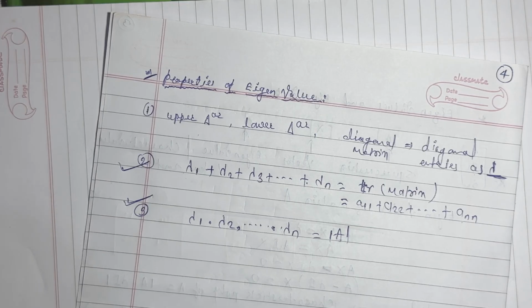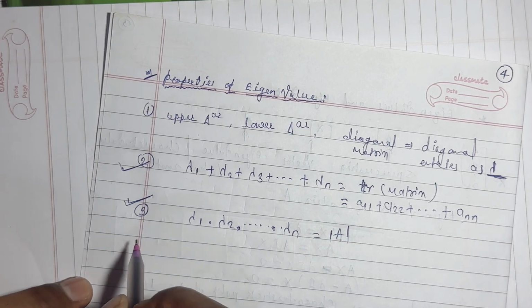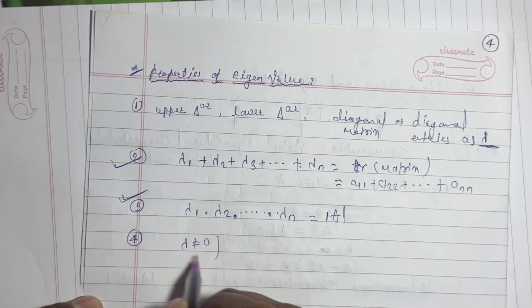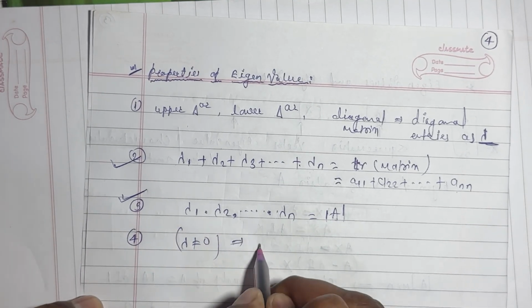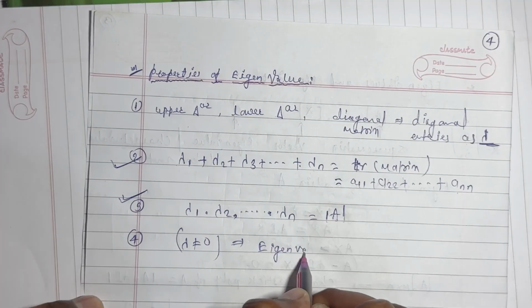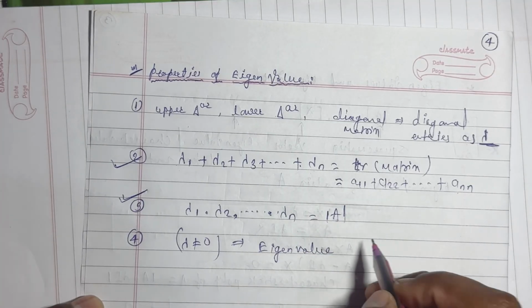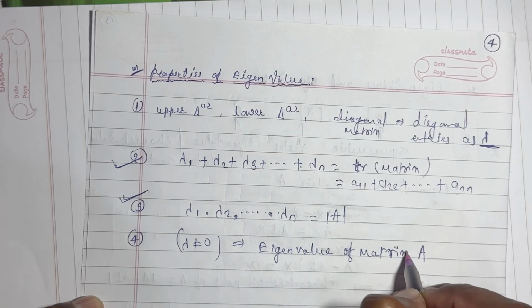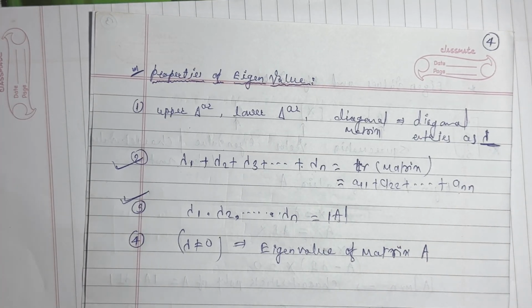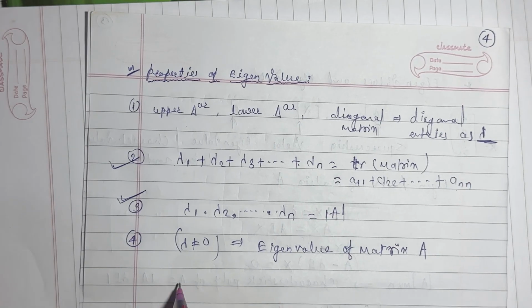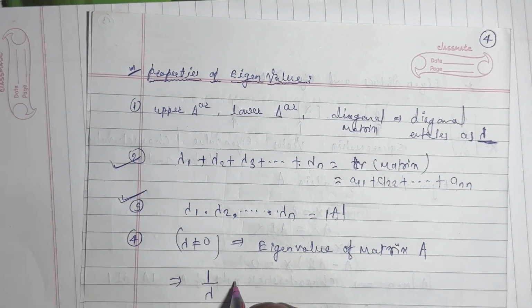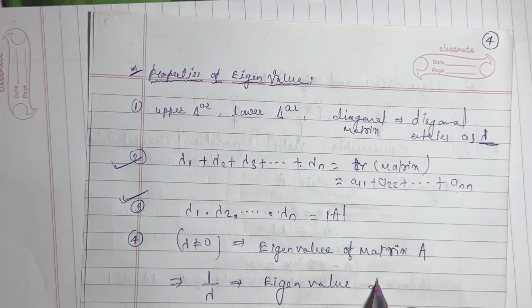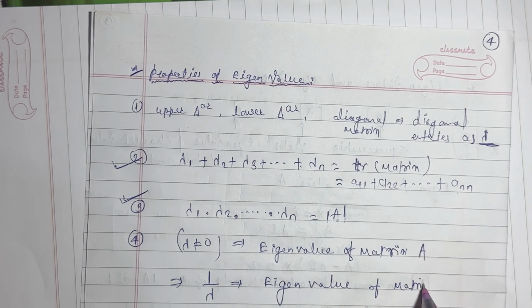Now the next important property. If lambda is a non-zero eigenvalue of matrix A, then 1 upon lambda is an eigenvalue of matrix A inverse.